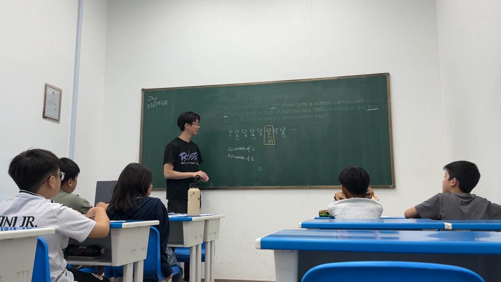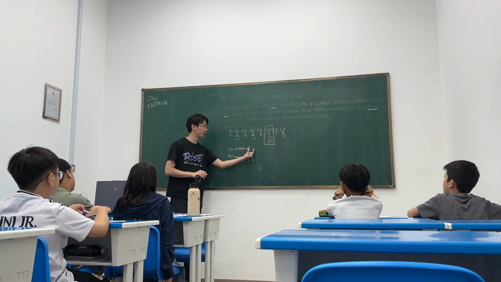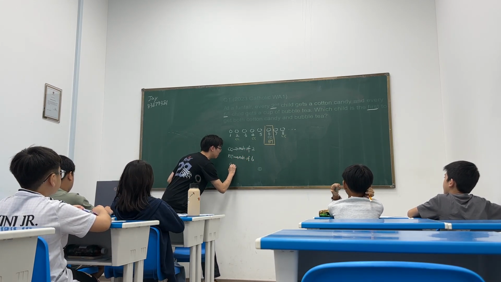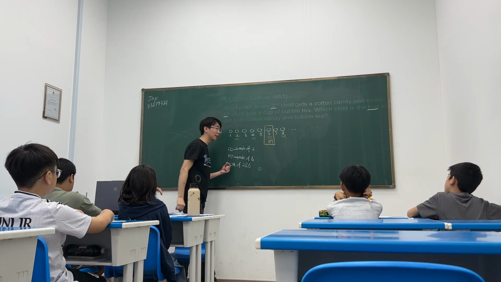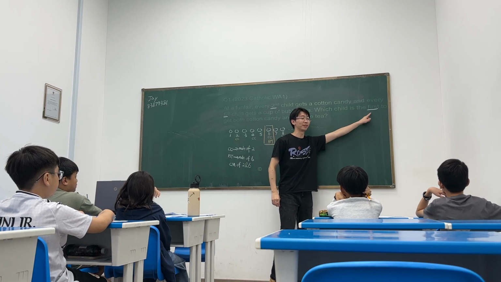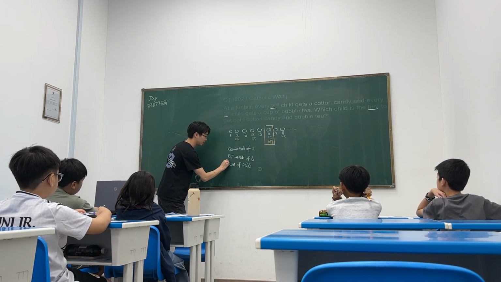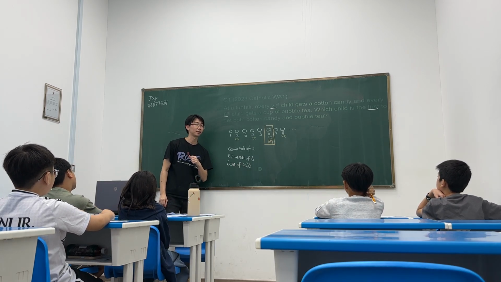Think about it again. Excellent. Because this is a multiple of 2 and a multiple of 6, they are the common multiple of 2 and 6. But not only the common multiple. We are trying to find out the first child to obtain. So that is the least common multiple. The LCM of 2 and 6.